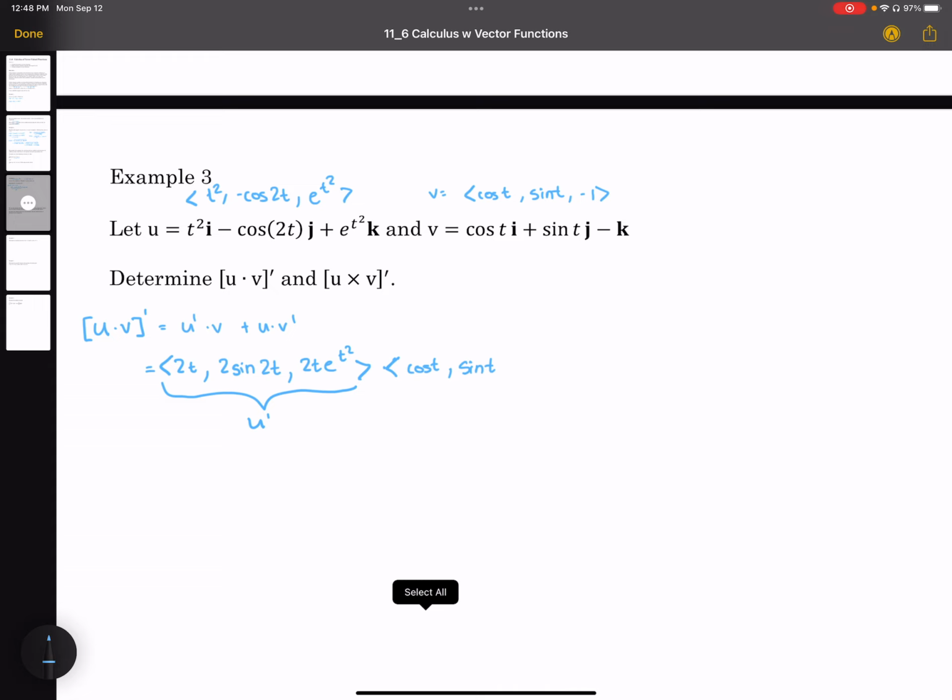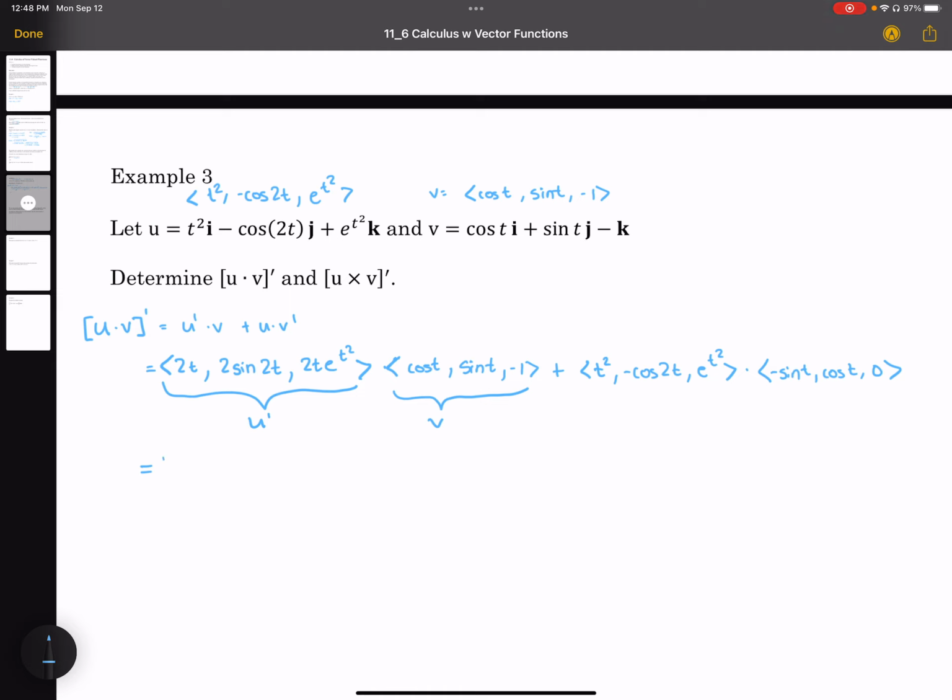And then we're going to add, all right, so now we need u. u is t squared, negative cosine 2t, and e to the t squared, and we multiply by the derivative of v, which is negative sine t, cosine t, and 0.